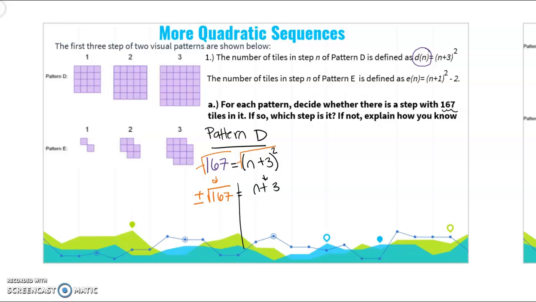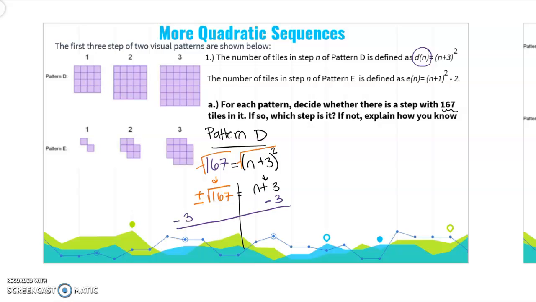Now I want to get n by itself. In order to do that, I'm going to subtract 3 from both sides. Again, remember, we cannot combine this negative 3 and this square root symbol, because those aren't the same.